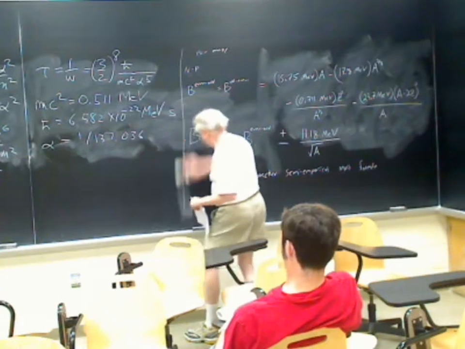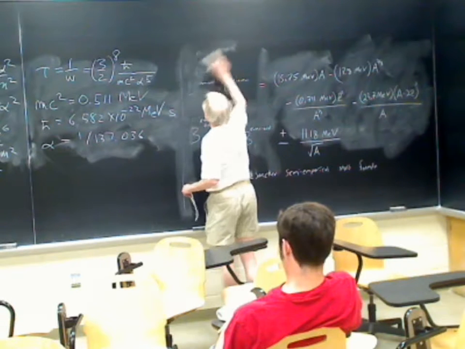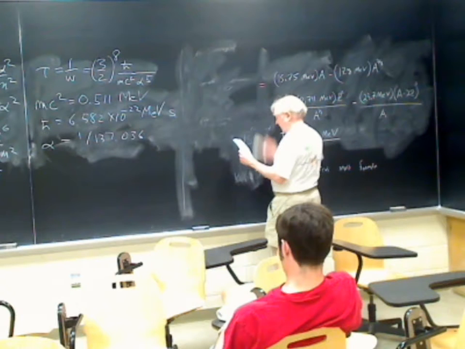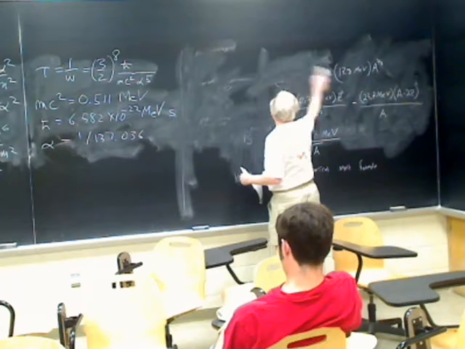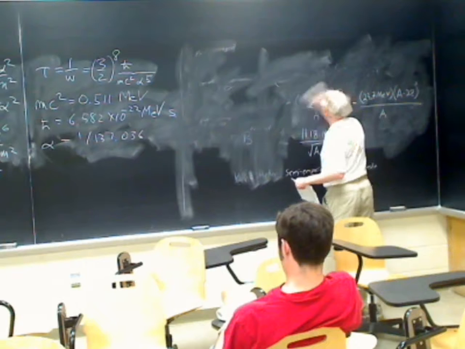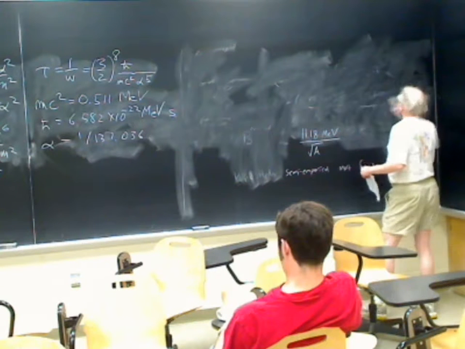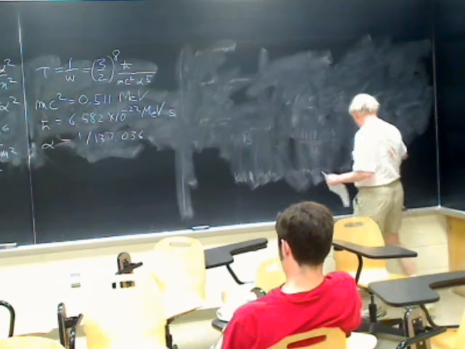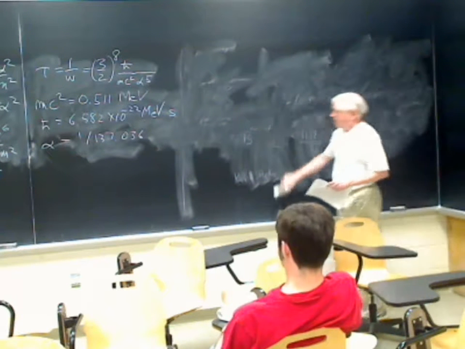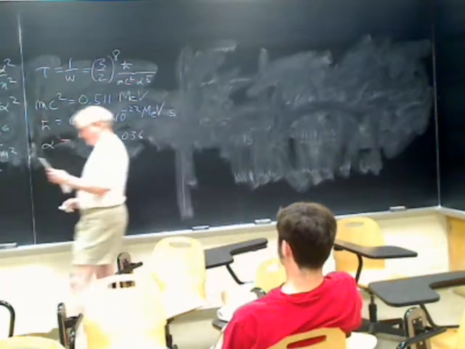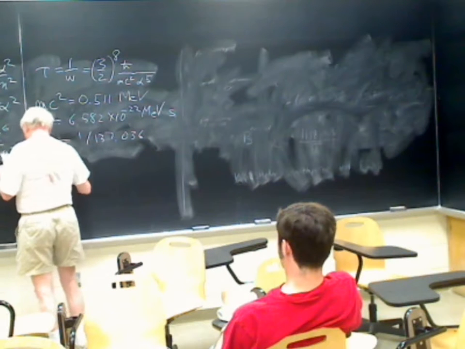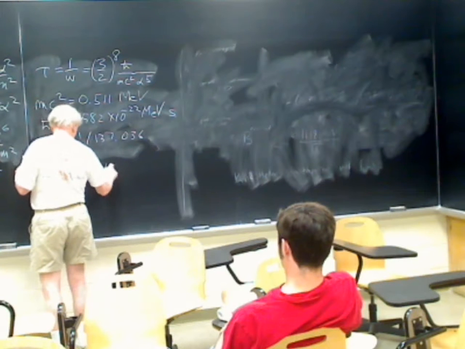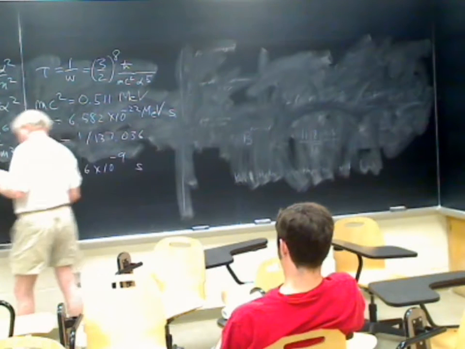And so now if you put those together, you get a number that's very close to 1.6 nanoseconds. And so we get tau is equal to 1.6 times 10 to the minus 9.